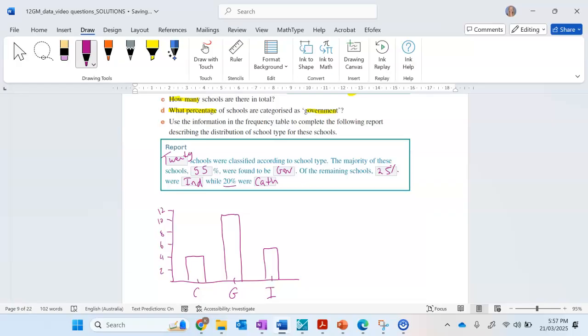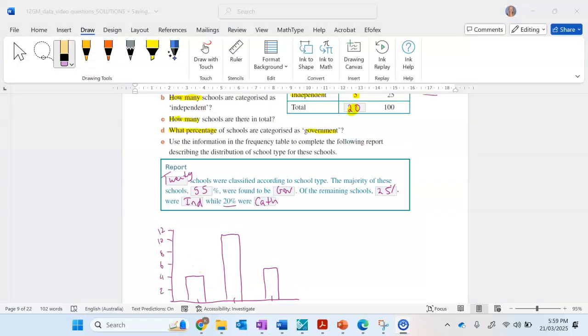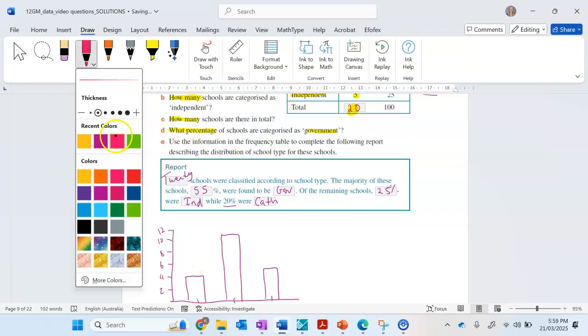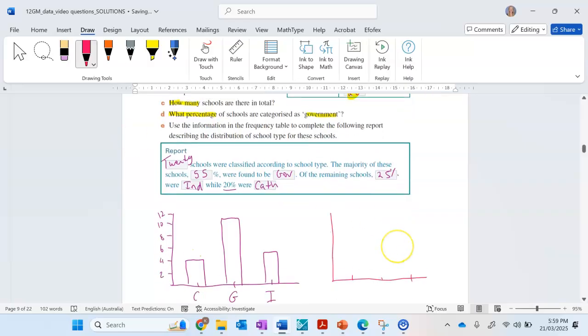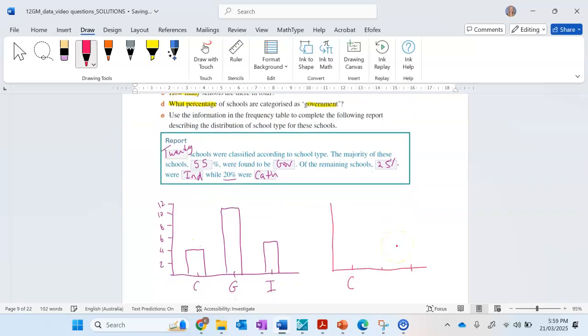Now, if we were doing percentages, we would have to create another graph. So let's just do that, maybe we'll do that one in pink. So we still have the 3. So we've got Catholic, government, independent, and your top would go up to 100%.